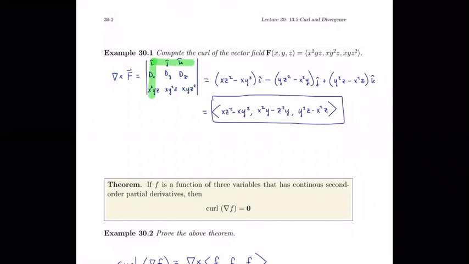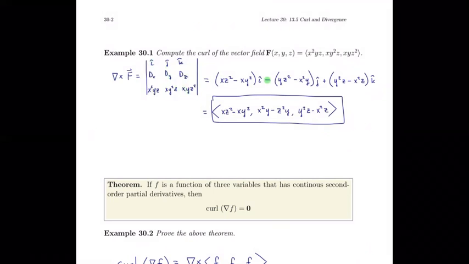So this first one is the partial of this with respect to y, which gives us xz squared, minus partial z of xy squared z, which gives us xy squared. Or we can just do the old diagonal method that we've used in the past, whatever you prefer. Cofactor expansion is a nice way to do these if the student is comfortable with it.